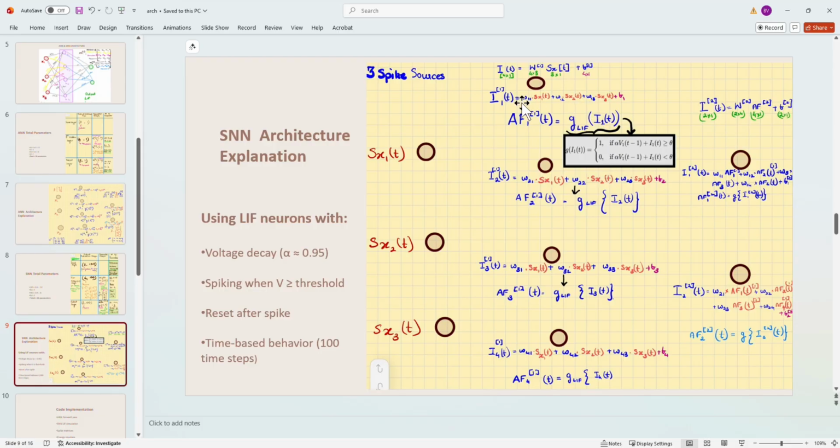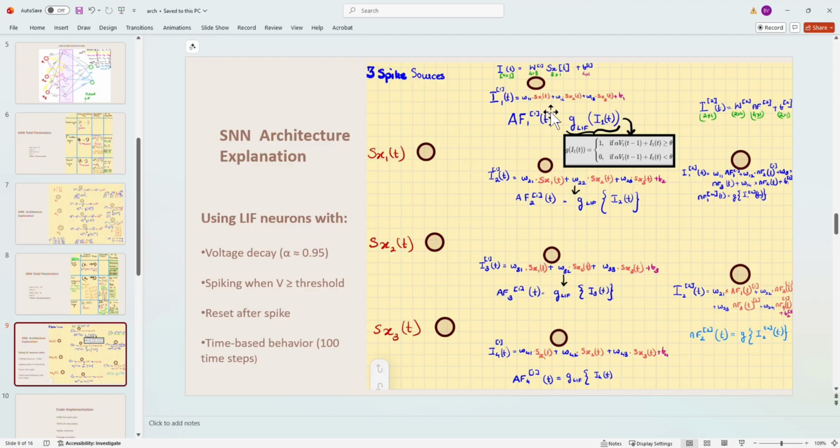This represents our activation function, which is the function of current, as you can see here. This activation function becomes the input. You can see these two terms, weight 1 into the input. It becomes the input for our output layer.